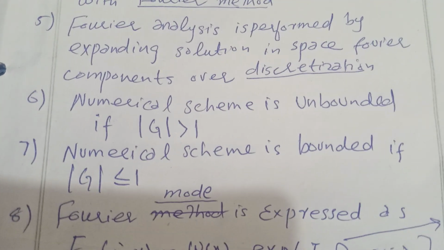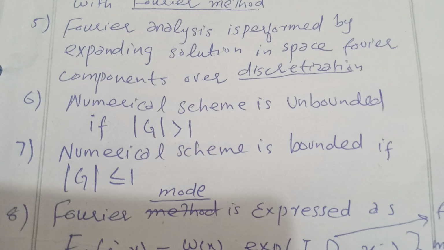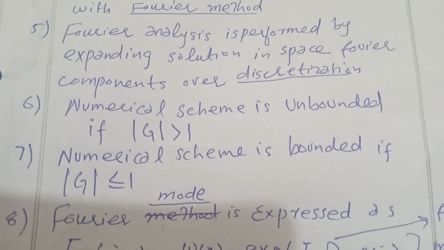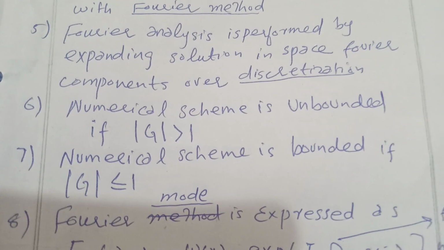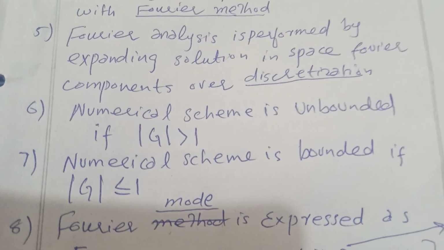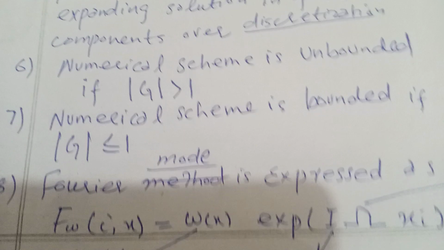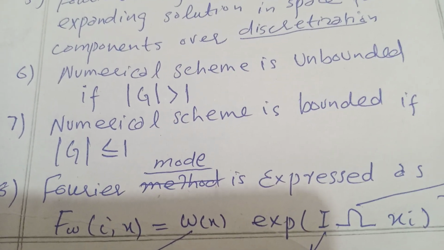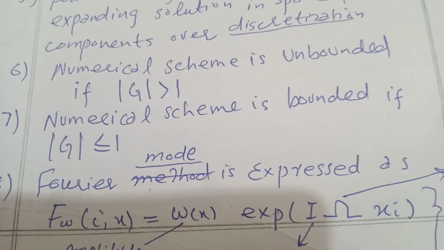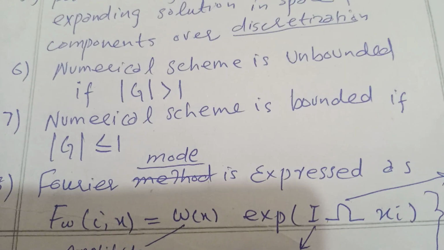Number five is, Fourier analysis is performed by expanding the solution in space Fourier components over discretizations. Number six, a numerical scheme is unbounded if the condition is |G| greater than 1.